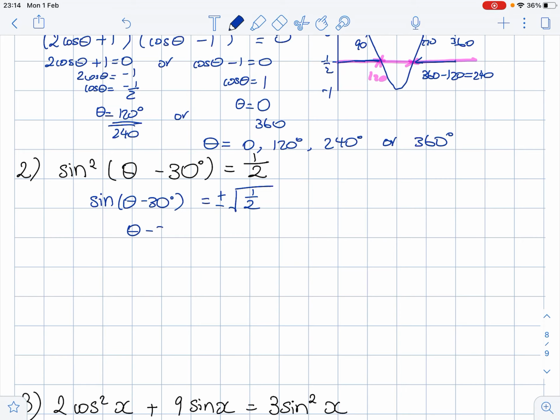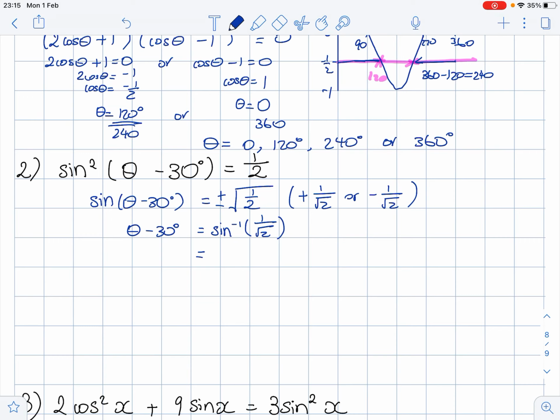Then you take your sine inverse, so your theta minus 30 is going to equal sine inverse of plus 1 over root 2 or minus 1 over root 2. So let's take your first value. So look at 1 over root 2.